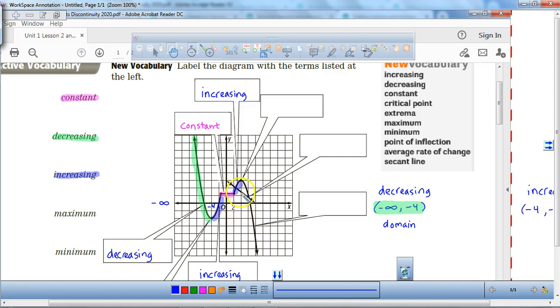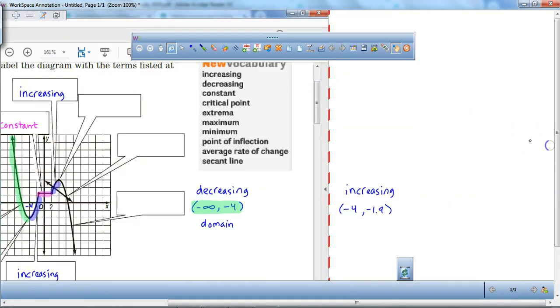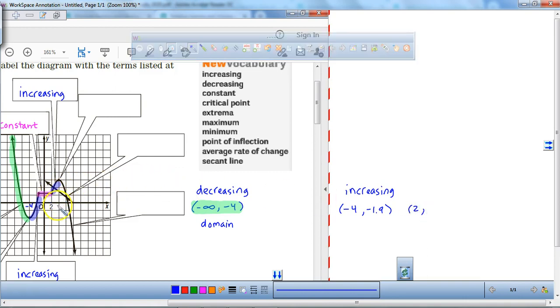That's increasing and that's increasing because it's going up from left to right. It looks like it's increasing over here from about 2 to 4, where x is a 4. So it's increasing from there to there.